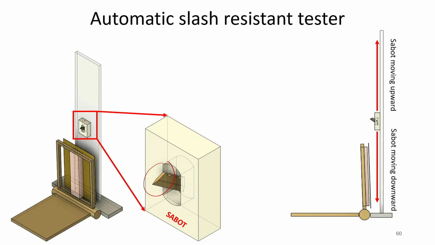Now, the sabot moves upward and then downward. It will be lifted upward and there will be a free fall, and during this free fall the knife will slash the fabric, and the cut through distance and energy will be measured. You can see the free fall, and this is the process of slashing.